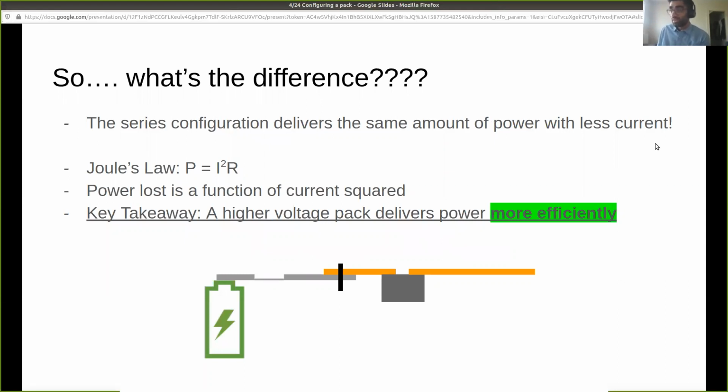That's important because based off of Joule's law of heating, when you have an electrical resistance and a current, the power you lose to heating is the current squared times the resistance. So power wasted in your drivetrain is a function of the current squared times the resistance. That means a higher voltage pack could deliver the same amount of power more efficiently.